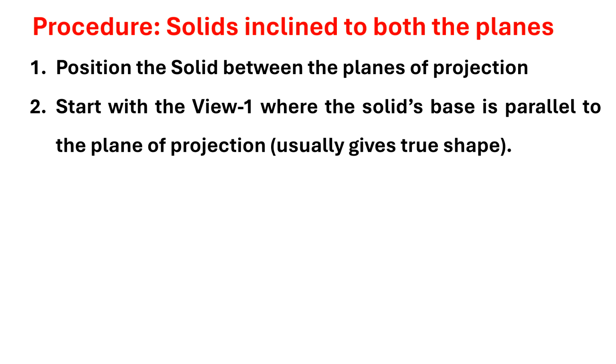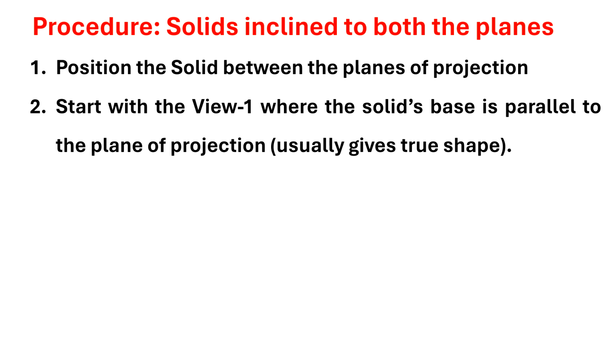In that way, we start with view 1 based on which plane of projection the solid's base is parallel to. When the solid is inclined to both the planes, we need to see whether an edge or a corner is resting on the horizontal plane or vertical plane, and accordingly imagine which plane the base of the solid is parallel to.